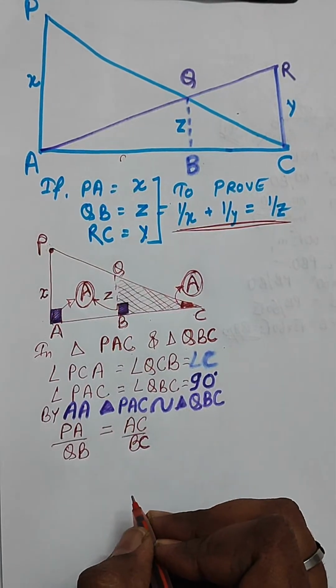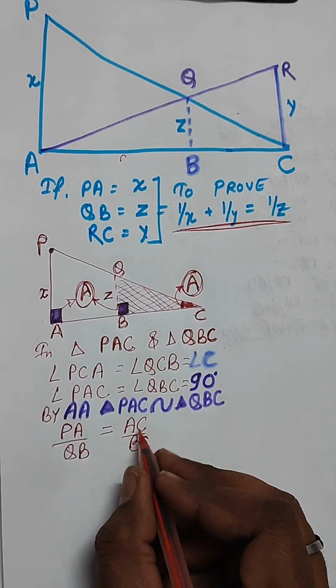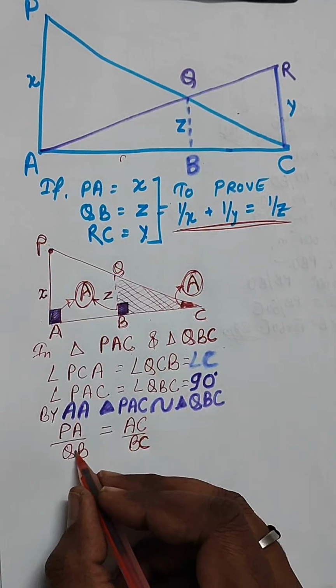From this we can write AC by BC is equal to PA by QB.